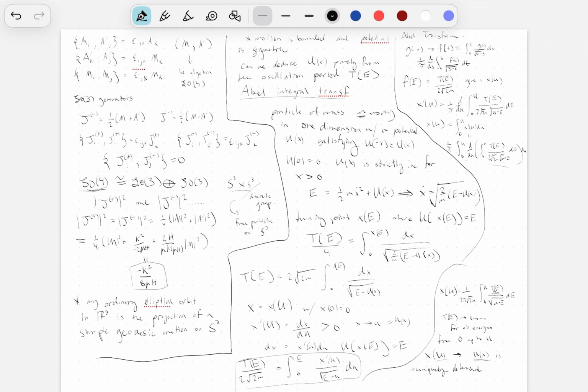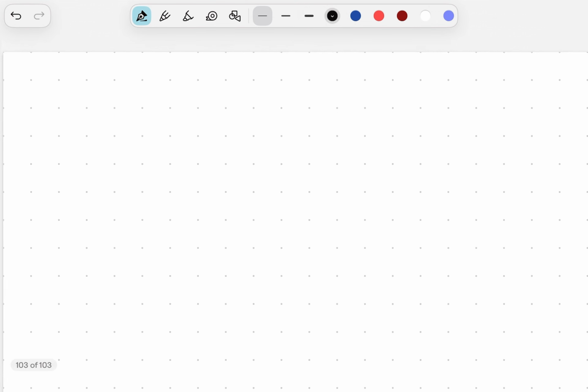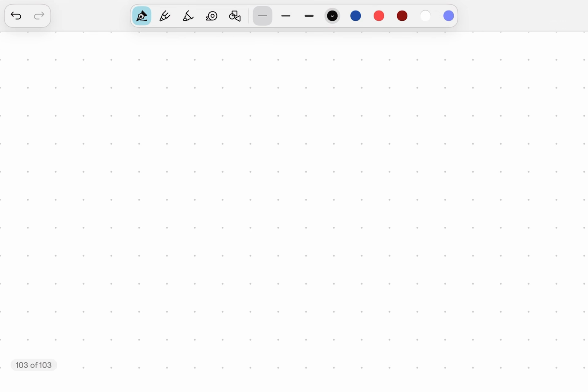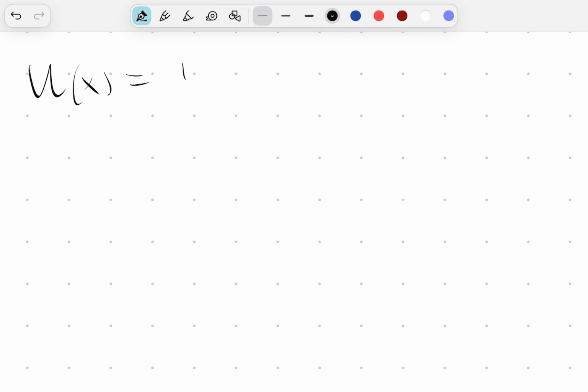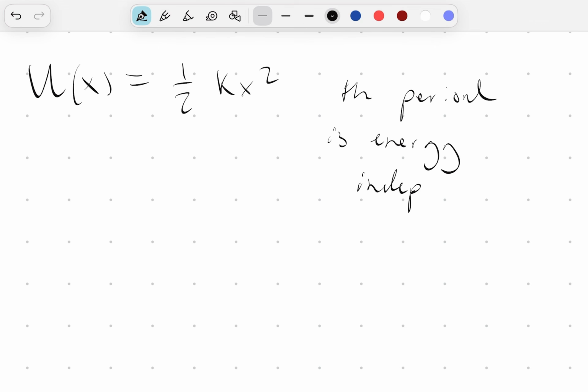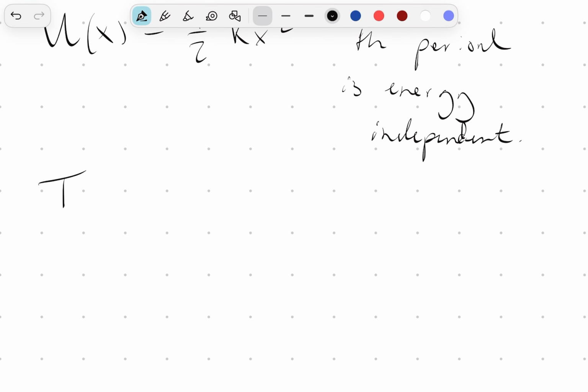So, for example, let's apply this to the harmonic oscillator, just for argument's sake. So let's say we have u of x equal to 1/2 k x squared. The period is energy independent.